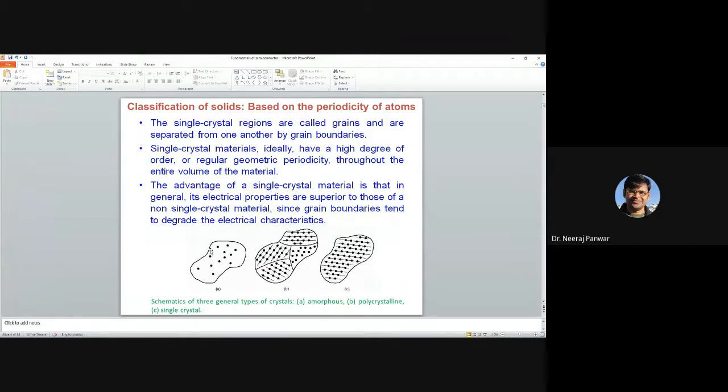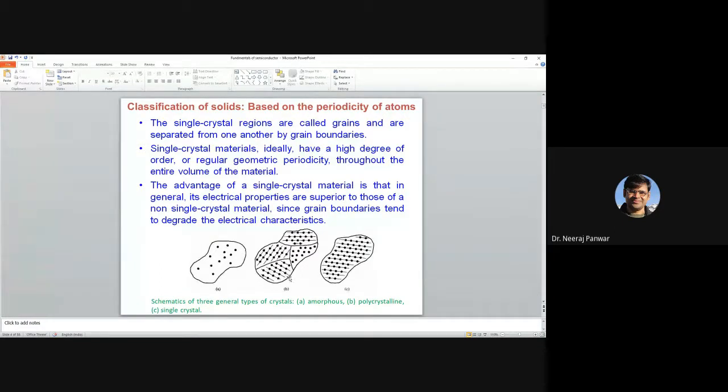So though an atomic arrangement is there, it is in a very small region. Almost we can say that on the whole there is no periodic arrangement of atoms or molecules, and such solids are known as amorphous solids.